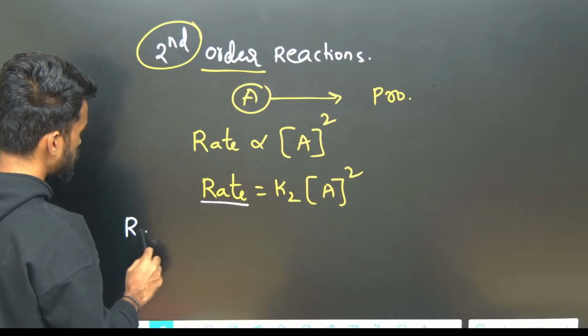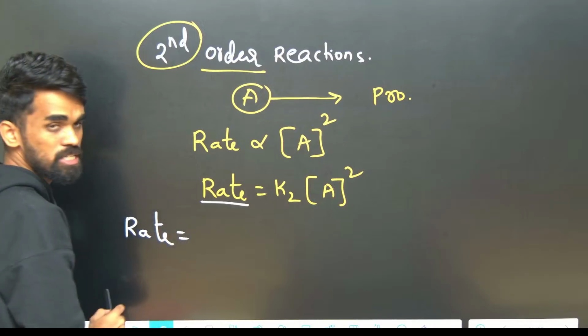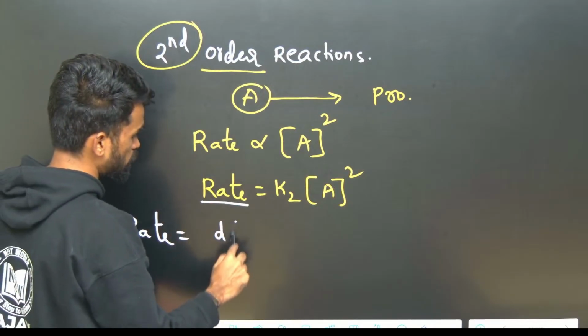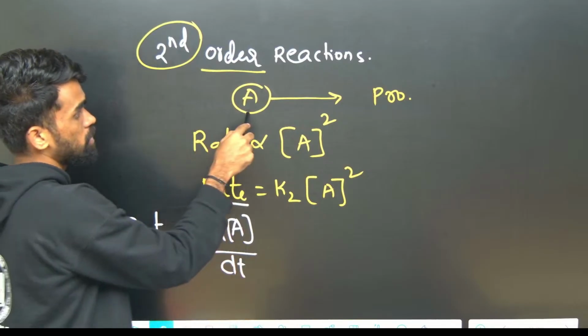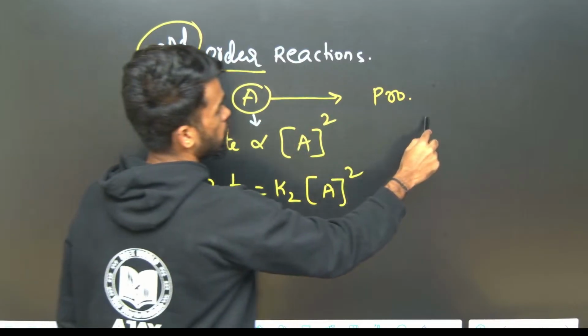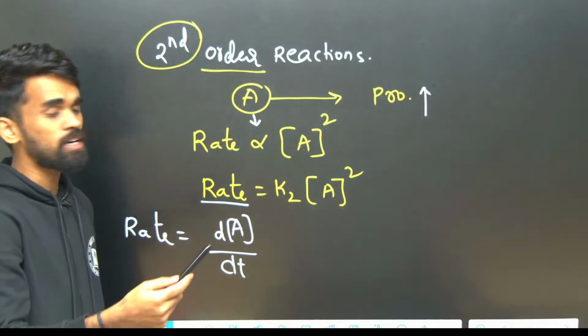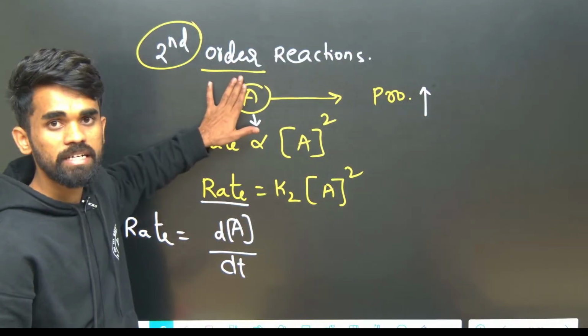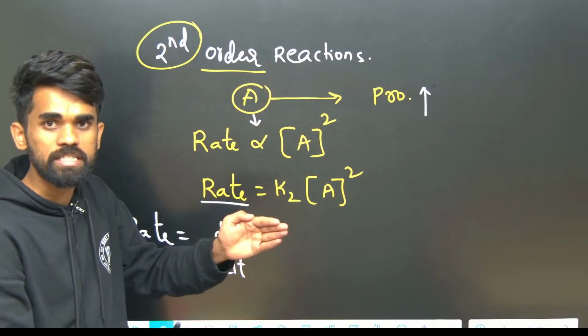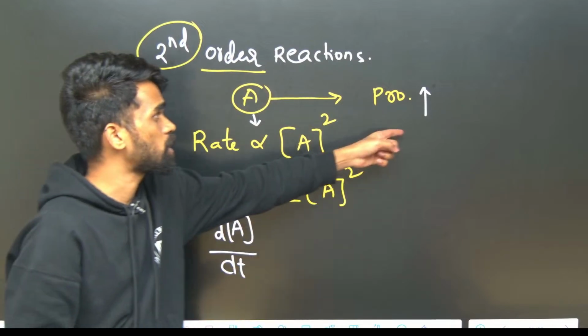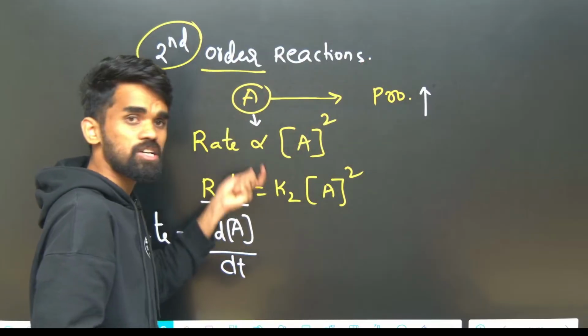So what do we mean by rate? Rate is nothing but the change in concentration of A, dA by dt, with respect to time. The concentration of reactant decreases and product increases as time goes on. At the beginning we have only reactant concentration. As time goes on, like 10 seconds, 20 seconds, product formation takes place, therefore reactant concentration decreases.